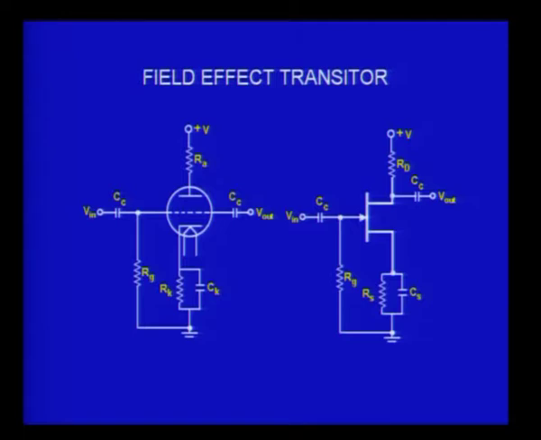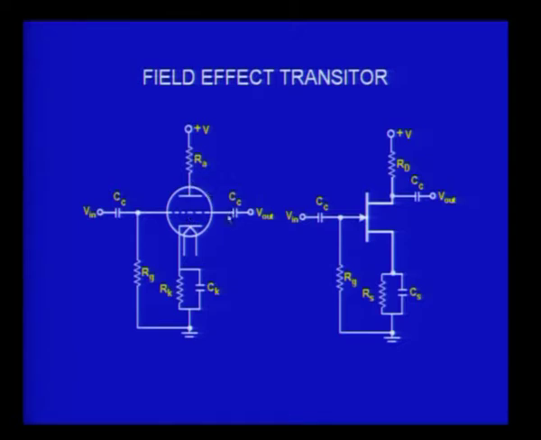Now, I want to show you a very interesting thing with reference to the amplifier configuration. You see here I have shown two circuits. The circuit on the left makes use of a vacuum tube triode of the olden days. You have the coupling capacitor, you have the bleeding resistor RGL as it is called, and you have the cathode bias: RK and CK form the cathode bias for providing a bias for the triode, and you have a load resistor RP.